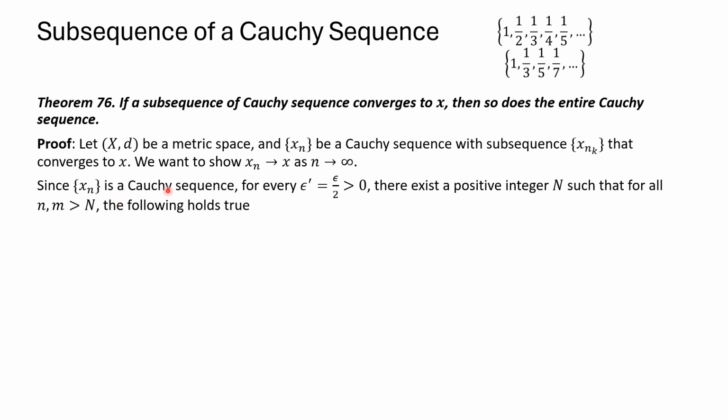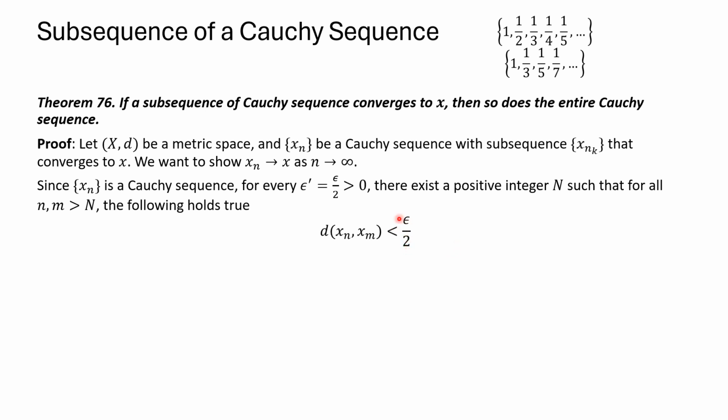Since x sub n is a Cauchy sequence, by definition, for every epsilon prime, which we're going to let equal epsilon over 2, you'll see why I'm doing this little odd misdirection here. So for every epsilon over 2 greater than 0, there exists a positive integer N such that for every n and m greater than N, the distance between x sub n and x sub m is less than epsilon over 2.